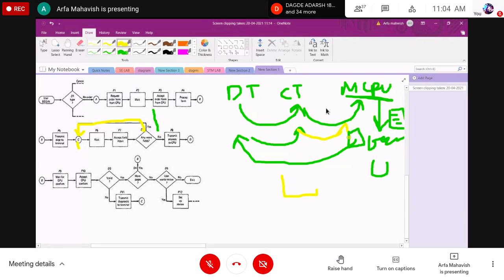In the main CPU, it checks whether the data is valid or not.